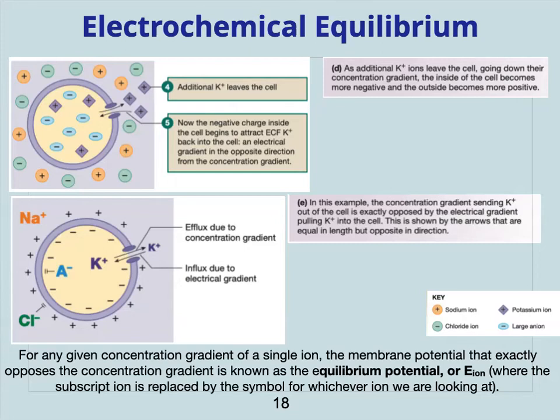At this membrane potential, the cell is at electrochemical equilibrium, and there's no net movement of ion across the cell membrane. And for any given concentration of a single ion, that membrane potential that exactly opposes the concentration gradient is what we call an equilibrium potential.